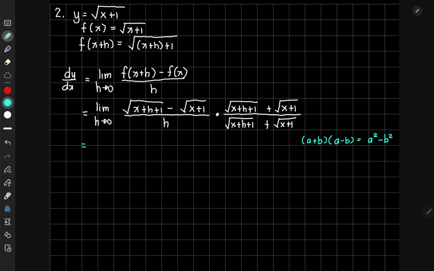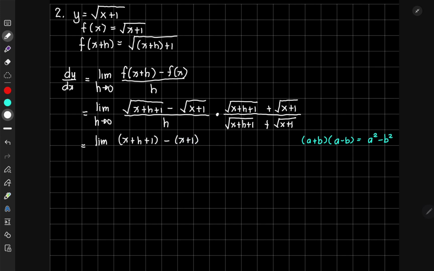So simplifying the equation, so we have the limit. So, square natin to, which is, pag in-square natin tong square root, magka-cancel out lang sila. Ang matitira would be x plus h plus 1. Then, dito, so minus. Square din natin yung b. So, cancel out ulit yung square root. So, yung matitira would be x plus 1.